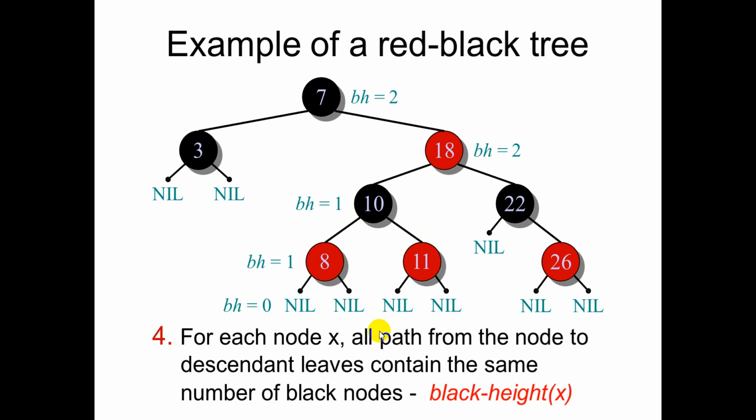That means we are actually computing black height, and we are checking whether it is the same or not. If it is the same, then we can say that it is preserving property 4. Let me move on.